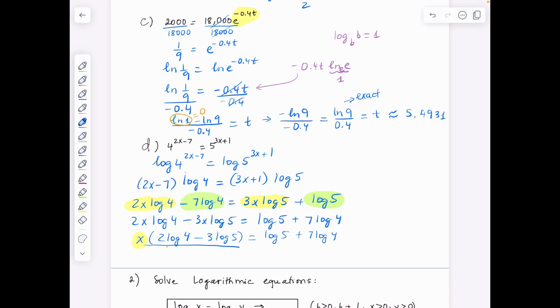I can isolate x by dividing both sides by this whole quantity, which turns out to be just a constant if you were to put it in your calculator. So this will cancel. That will leave x on the left, and this right here is our exact answer. And if you were to use your calculator and approximate this, it will equal negative 5.5034.